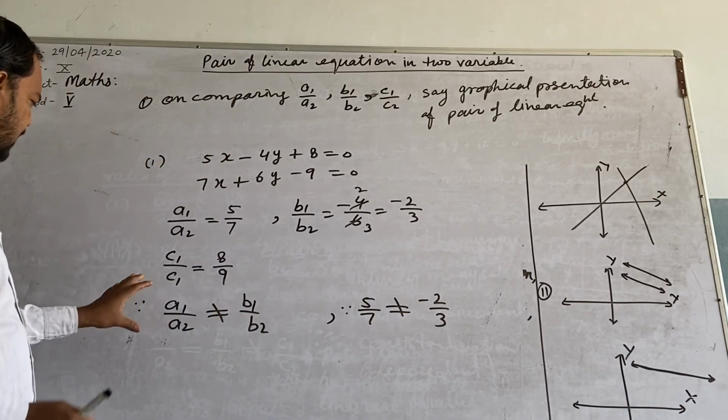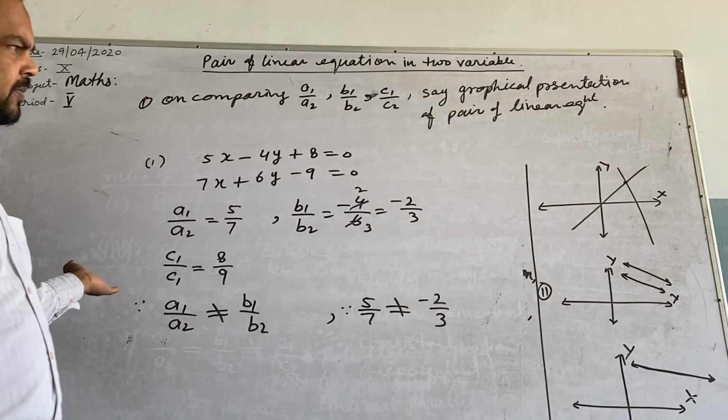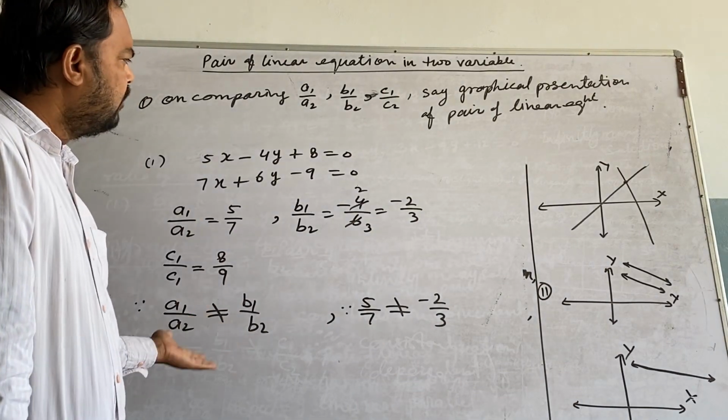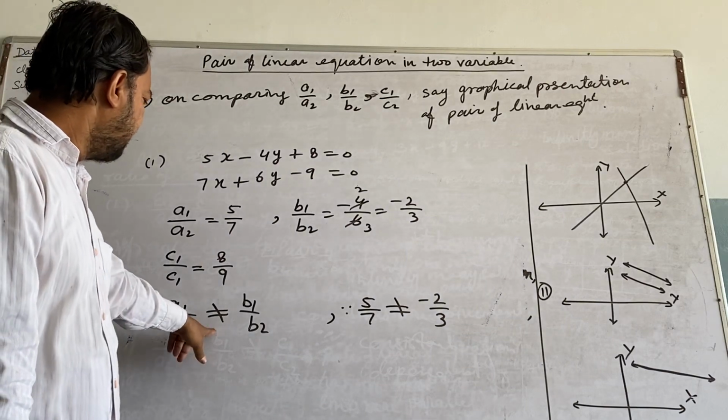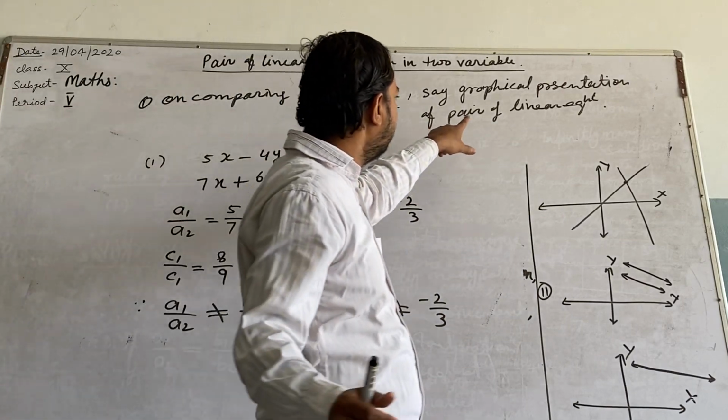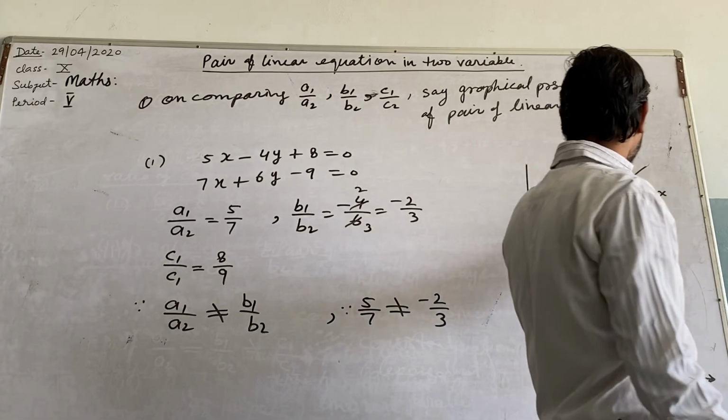Now go back to the situations we gave you. First situation: A1 upon A2 not equal to B1 upon B2, and the question is asking about the presentation of the graph.